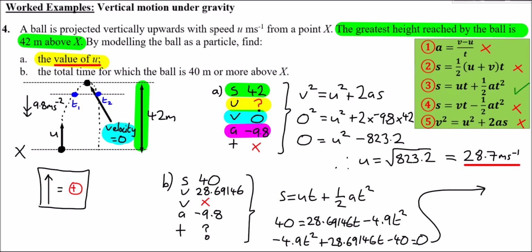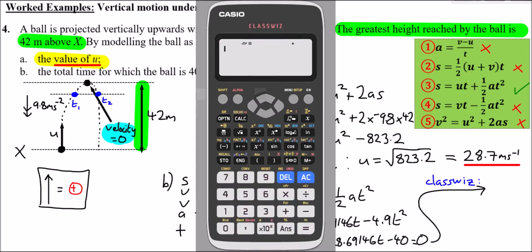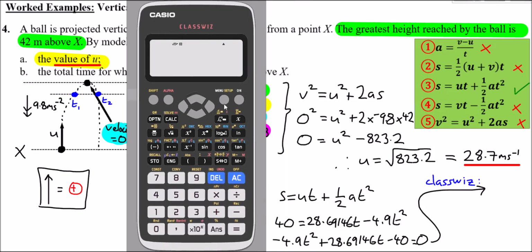So at this stage we've got our choice. We can either use a quadratic formula or maybe even the ClassWiz. Okay, so if we use a ClassWiz for this, so menu, scroll to option A, equation slash func, press equals. Polynomial is what we want, degree 2 because it's a quadratic, and just type in what we know.